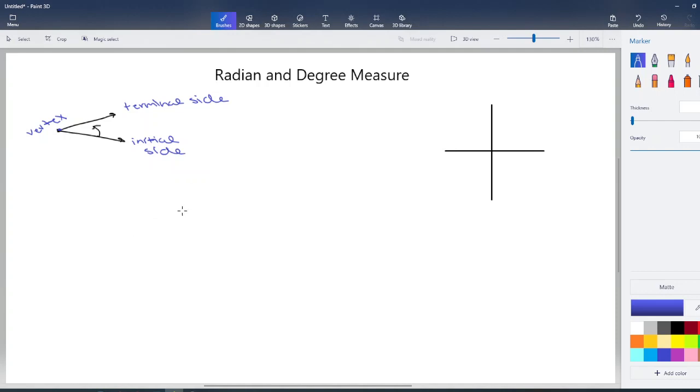So those are the three main parts of the angle. And again, you can only determine the initial side and the terminal side if we know which direction the angle opens. Okay, so let's talk about how we normally place an angle in the plane.